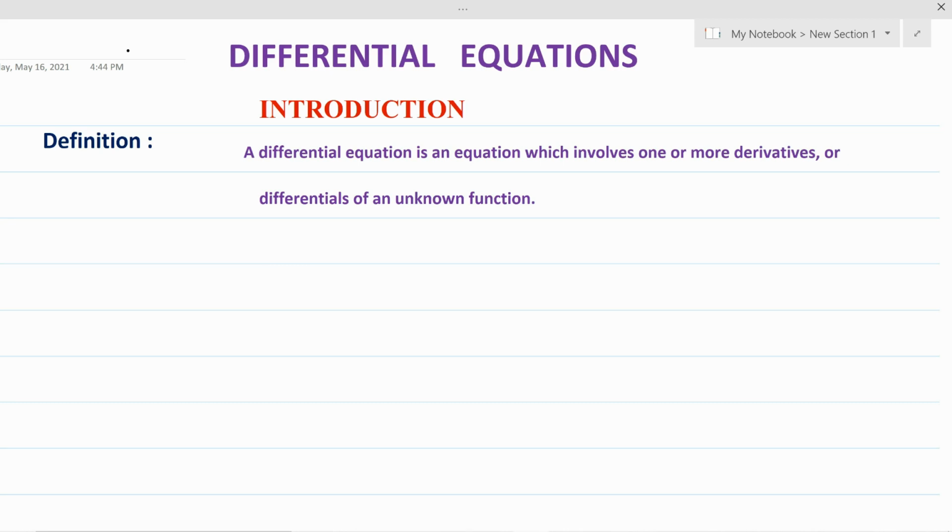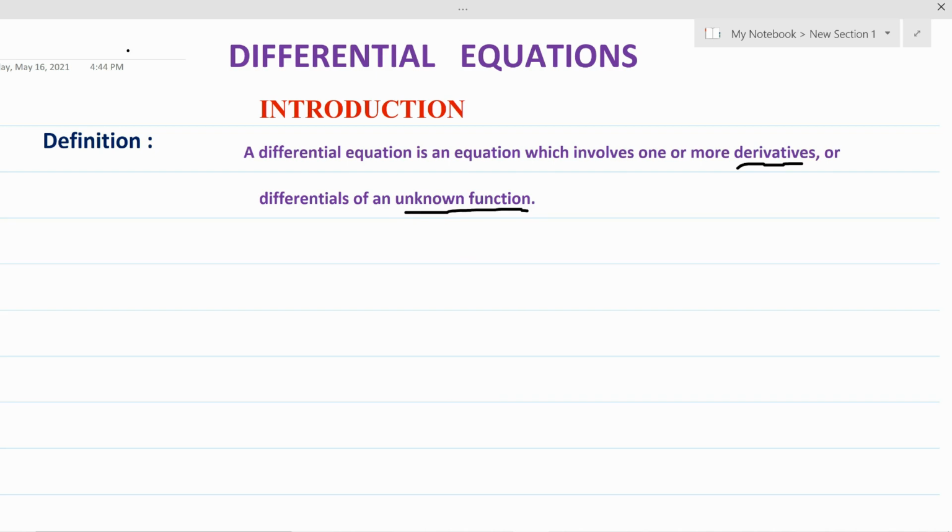Okay, so let's start. All right, so what is the definition of a differential equation? A differential equation is an equation which involves one or more derivatives. This place is very important: derivatives. So it involves one or more derivatives or differentials of an unknown function. This part is also very important.